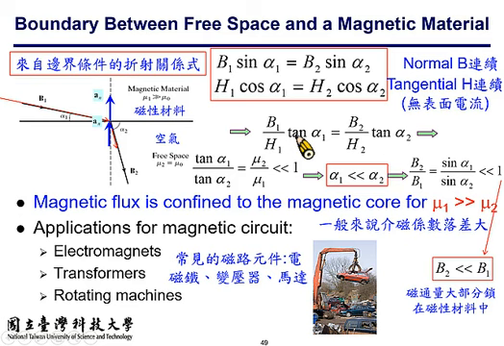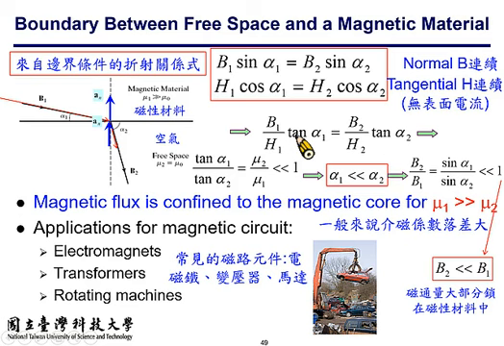So using the two boundary conditions, you have two equations. If no surface current appears on the interface, then the tangential magnetic field intensity H is continuous. So you have H1 cosine alpha 1 equals H2 cosine alpha 2.